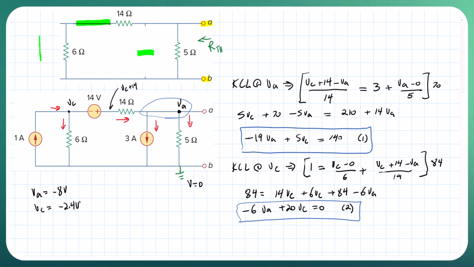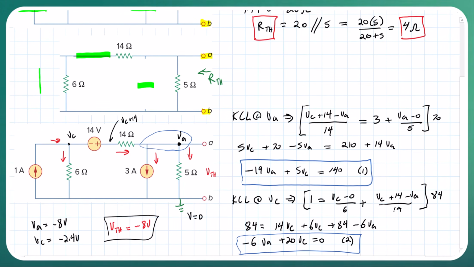Now if you go back to this, VA minus VB is essentially our Thevenin voltage, but we said VB was 0, so our Thevenin voltage is essentially going to be minus 8 volts. So now we've solved for both the Thevenin current and Thevenin voltage.